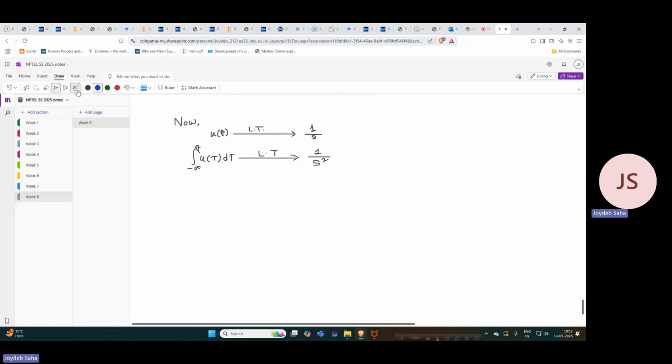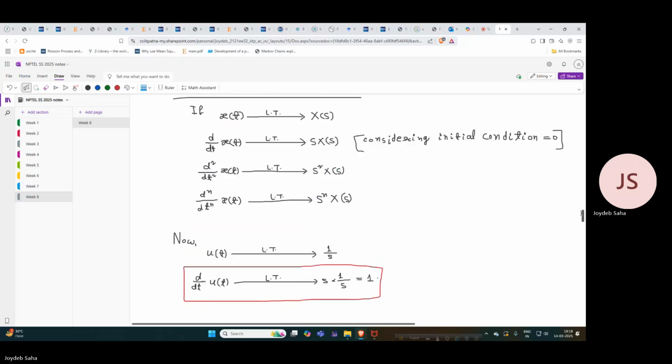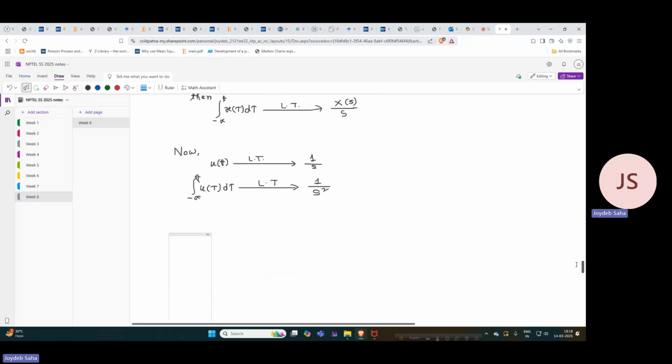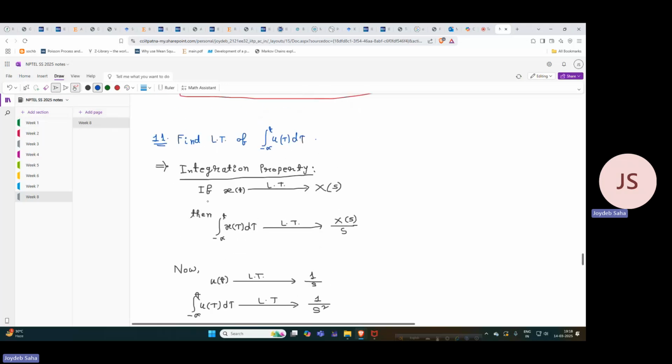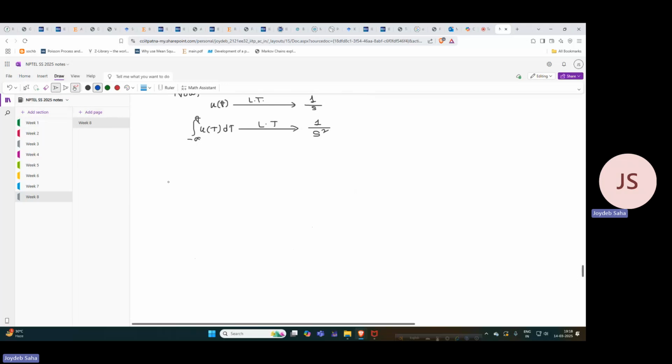So let us create some space. Next, we will move to question 12.